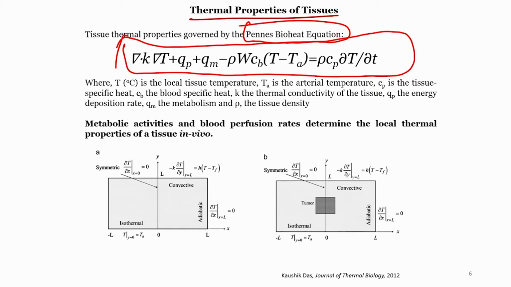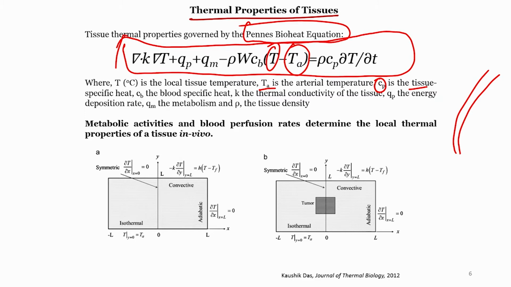T here is basically the tissue temperature. Overall bulk tissue temperature is T. Ta is the arterial temperature. By arterial temperature I mean the temperature of the arteries that carry the blood, that is Ta. Clear? Cp is the specific heat capacity of the tissue. What is specific heat capacity? You know, right?